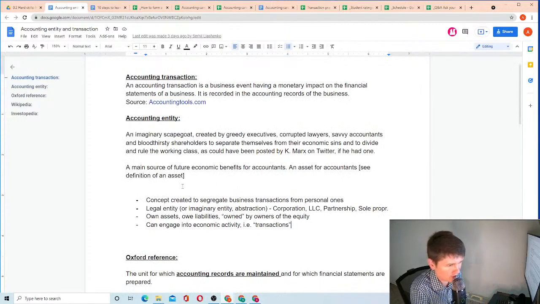parts which you need to know about an accounting entity is that it is segregated from the personal transactions of whoever is involved in that entity. It should be segregated, and when it's not, it can bring various kinds of troubles, like IRS troubles and legal troubles.